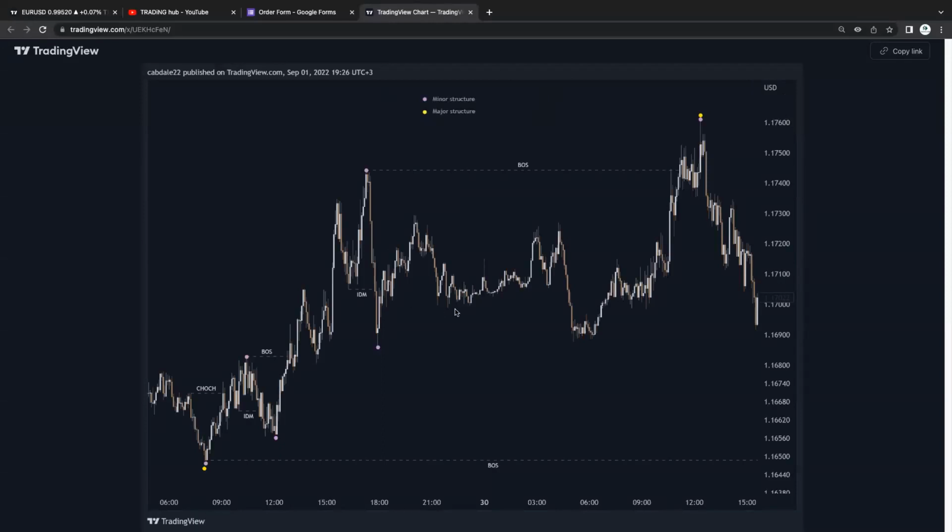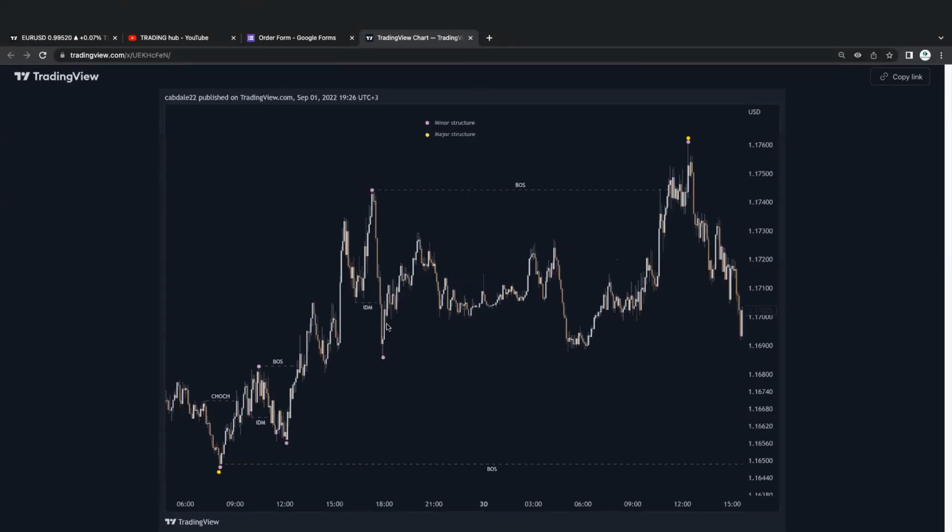Okay, so in this one you marked the major and minor. I don't know where the minor and major of your structure are. Okay, the purple one is minor and yellow is major. Okay, perfect. So your major structure ranges between this one and this one. Okay, the minor choch, taking out the inducement.